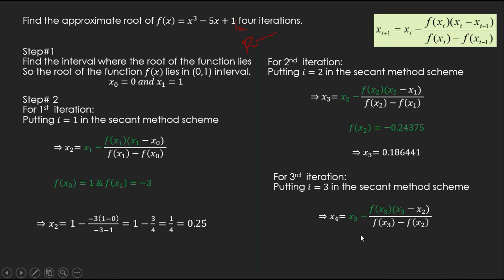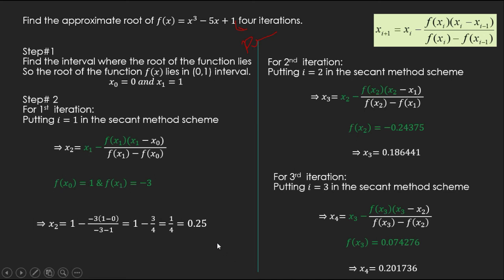So f of x3 is equal to 0.074276, and by substituting all these values in the scheme you will get the value of x4. At the fourth iteration, it is the approximate root of the given function using the secant method.